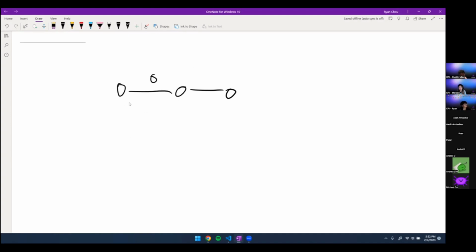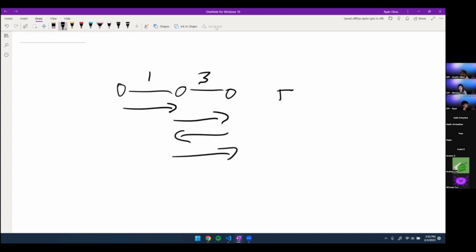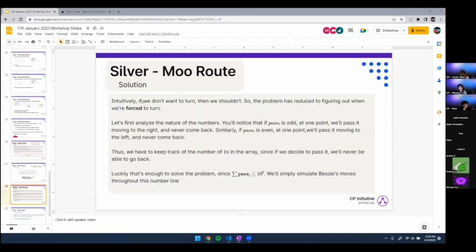And then given this, another observation we can make is about the path we're given. Is it impossible to have an odd number? No. If we have 1, 3, for example, we could go right, left, right. You don't have to end at the start for this problem. You can end at any point.